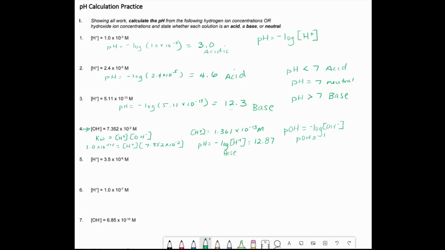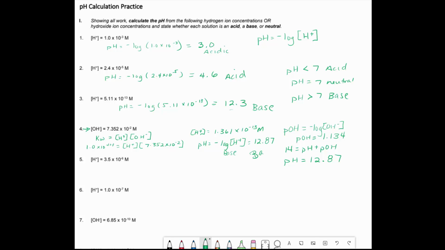The pOH is 1.134, but I'm leaving the value in my calculator. I actually get 1.13359, etc. So now I'm going to use the identity that the pH plus the pOH is equal to 14. That means I can solve for the pH, and it happens to be 12.87. So you see, either way, you should end up with the same value.